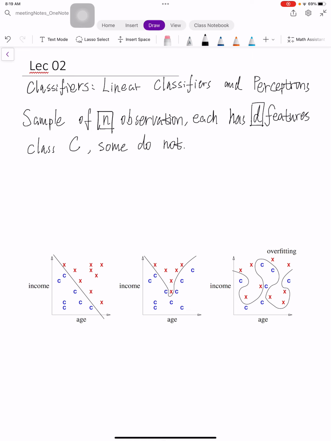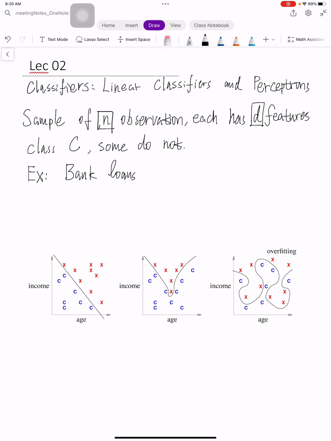So here is one example. Let's keep using the example we talked about in our last class. Suppose you work in a bank, and you are the loan officer. You need to decide which customers we approve loans for, and which ones we do not approve.